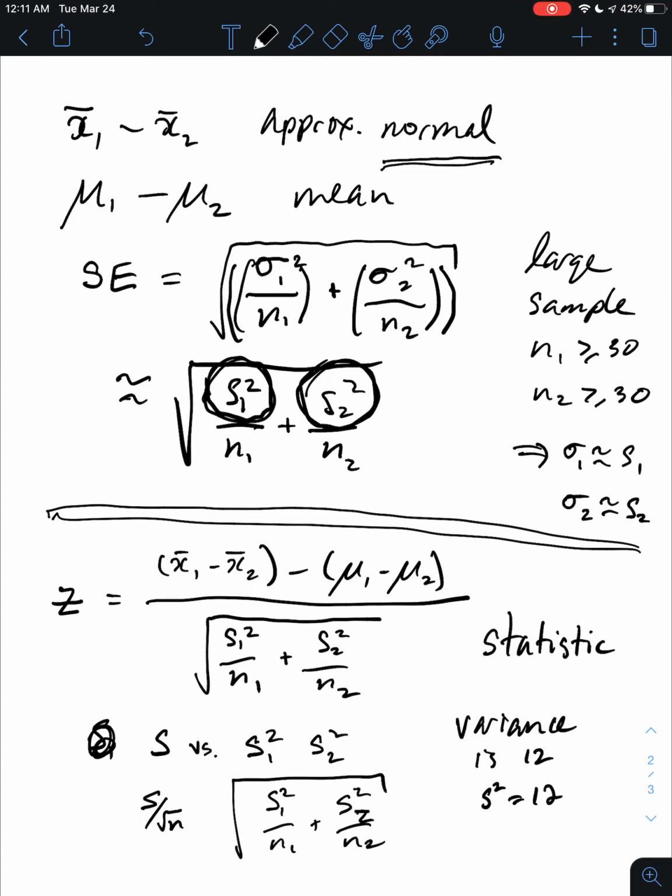And if the variance for population 1 is 12, then we would write that as sigma 1 squared is 12. And that would mean S1 would be the square root of 12. Okay, so keep an eye out. Does our question talk about variances, or does it talk about standard deviations? And use the appropriate formula. All right.